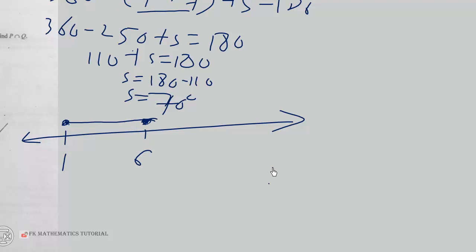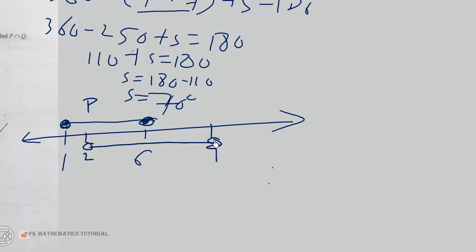Then we have another one too. That one is from 2 to 9. So this is P. So 2 is somewhere here. And 9 is somewhere here. So 2 to 9. Not inclusive.